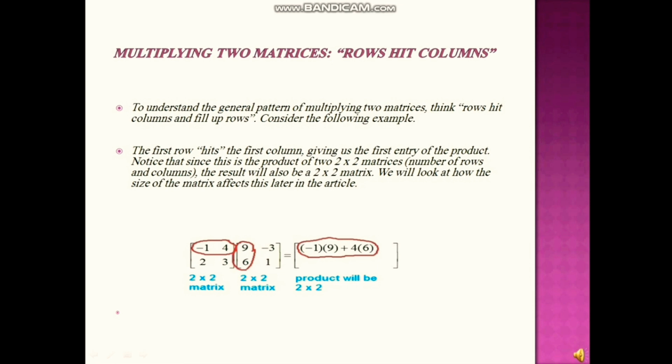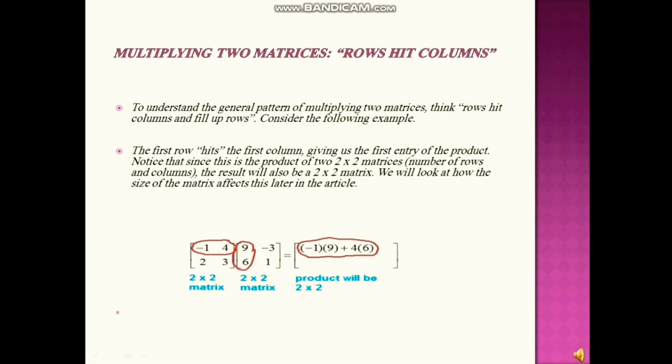So the first row is -1, 4 multiplied by 9, 6, giving us the first entry of the product. Notice that since this is the product of 2 by 2 matrices, the result will also be a 2 by 2 matrix.